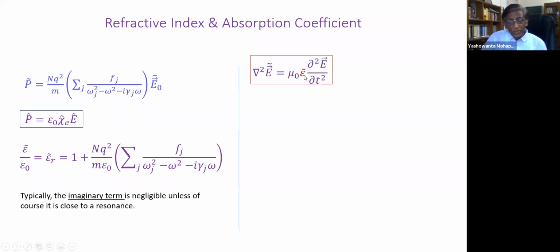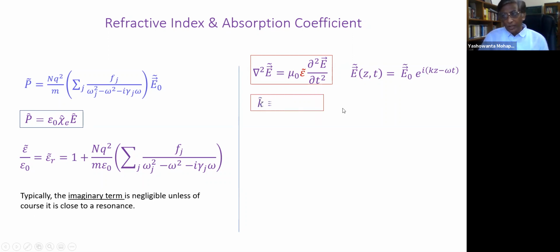Now the wave equation, with epsilon complex, is the old wave equation for my E, and I'm considering a non-magnetic material, hence mu naught. I try E(z,t) traveling in the z direction.